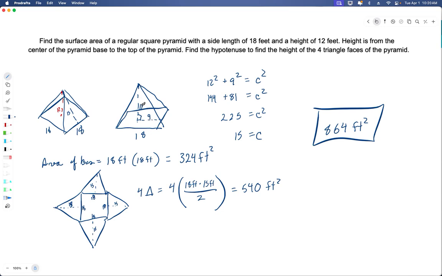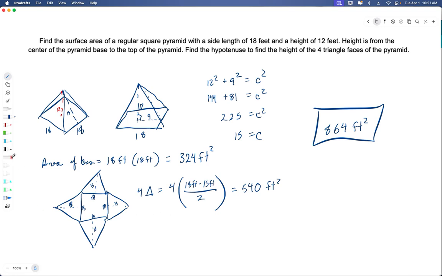So that's how we get our height of 12 and our base of 9 in order to find this slope, which is going to be the height of the face of this triangle as I've illustrated here. I know my drawing's not that great, but I hope you get the idea.